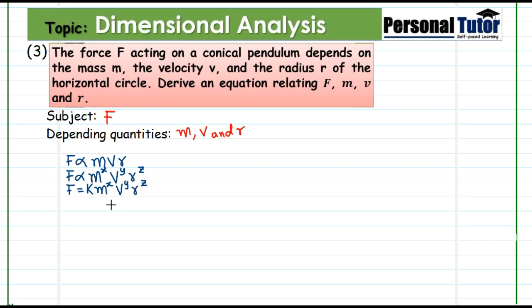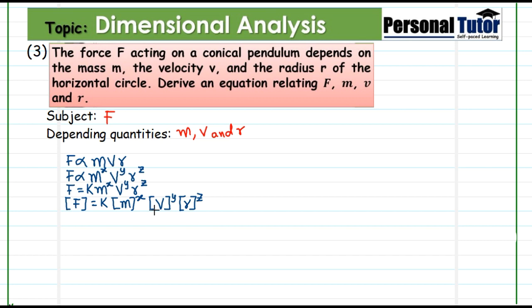You then write these terms in their dimension, and that would be the dimension of the force F equals k, a constant, then dimension of m exponent x, dimension of v exponent y, then the dimension of r exponent z.